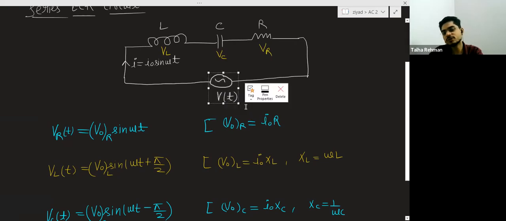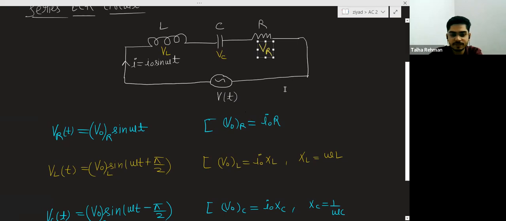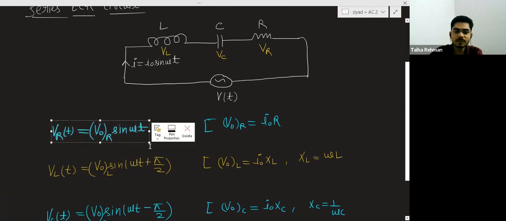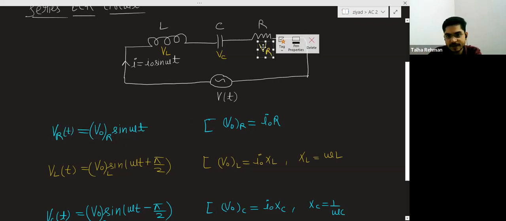So suppose the equation of the voltage across the resistance is this: the voltage across the resistance at any time t is equal to the peak voltage across the resistance times sine omega t.